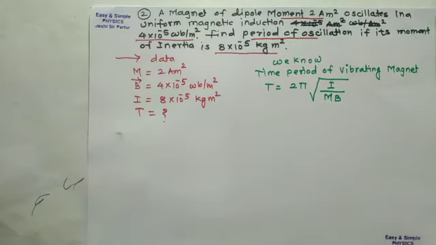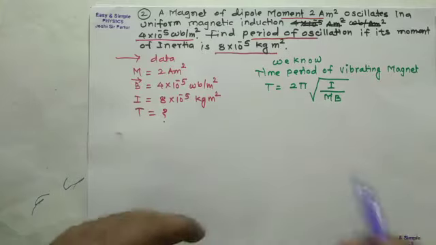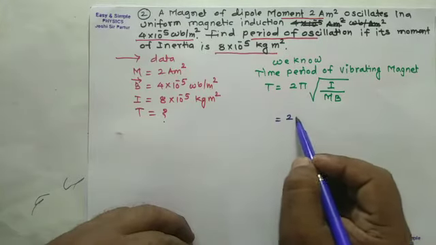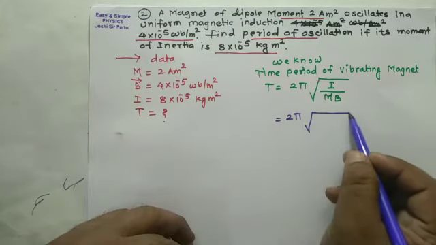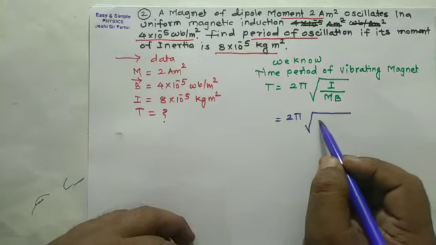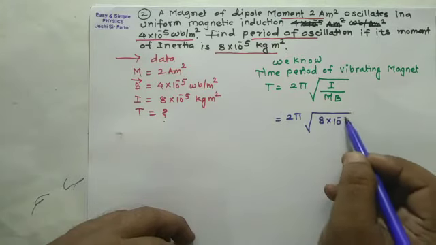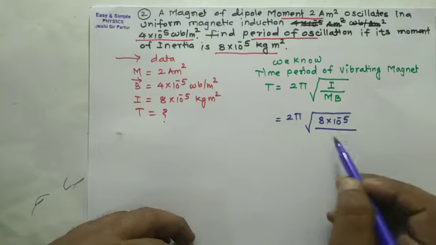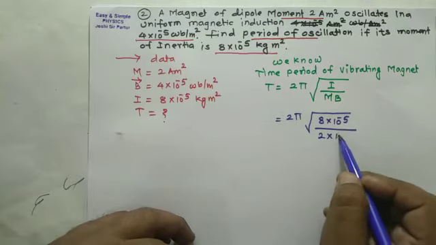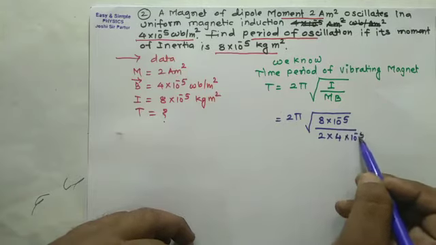So here, substituting the values, it will be 2 pi square root of I, which is 8 into 10 raised to minus 5, divided by 2 into 4 into 10 raised to minus 5.